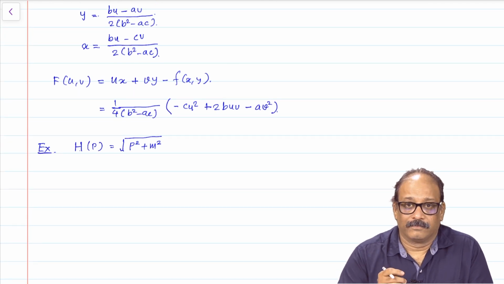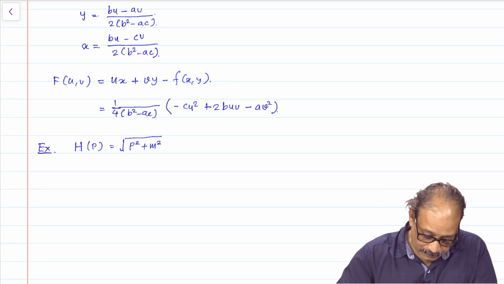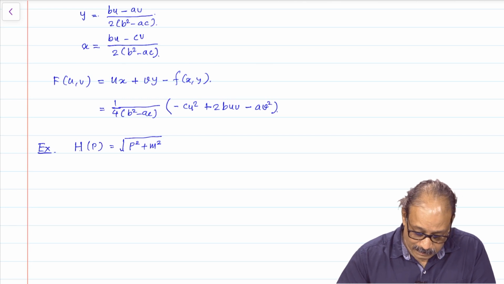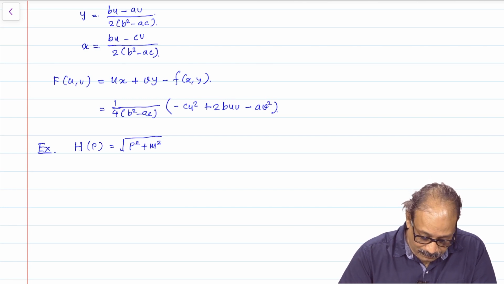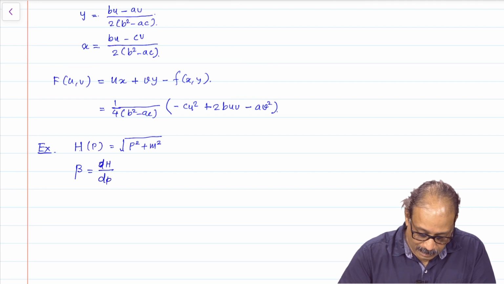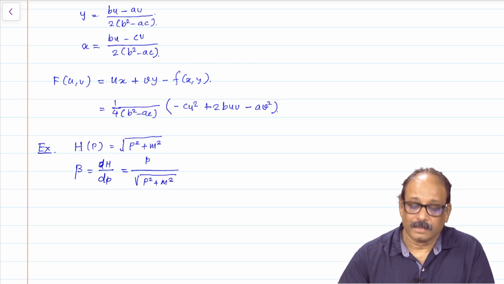In a moment, we will recognize what this is. Now, this is a convex function. So, let me define a new variable beta, which is the derivative of h with respect to p, and that we immediately can write down as p divided by square root of p square plus m square.